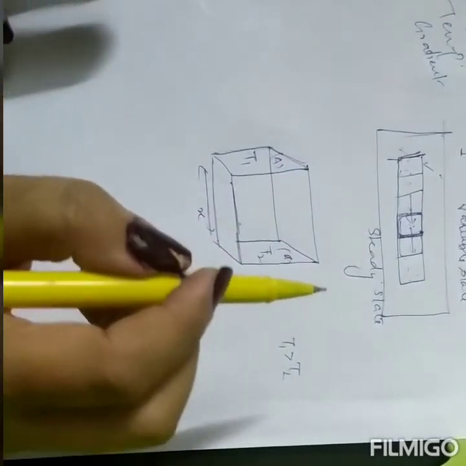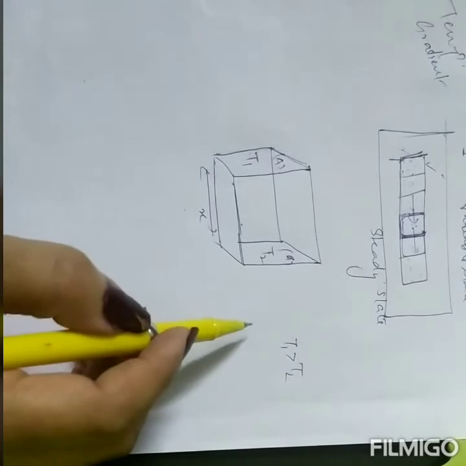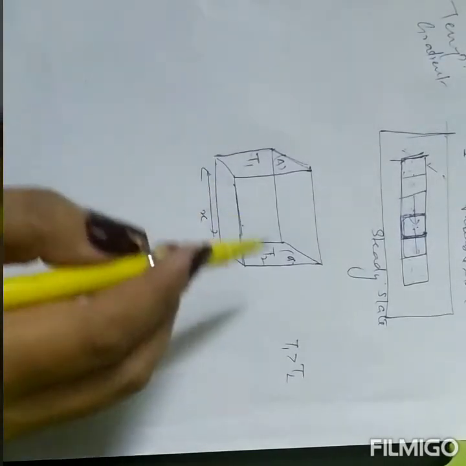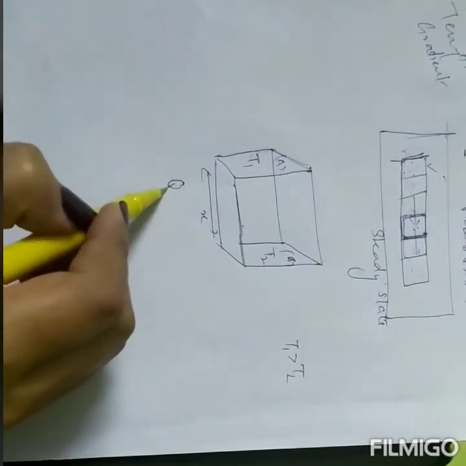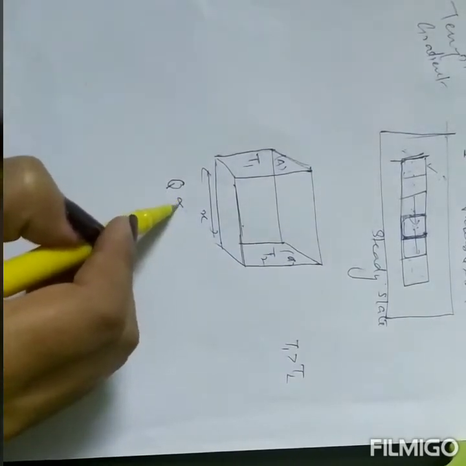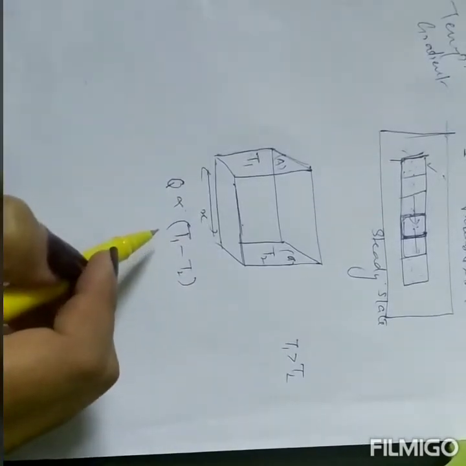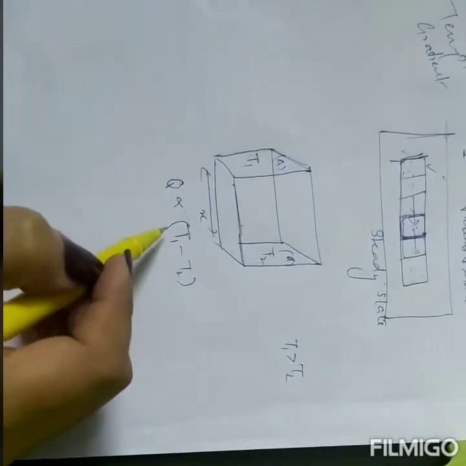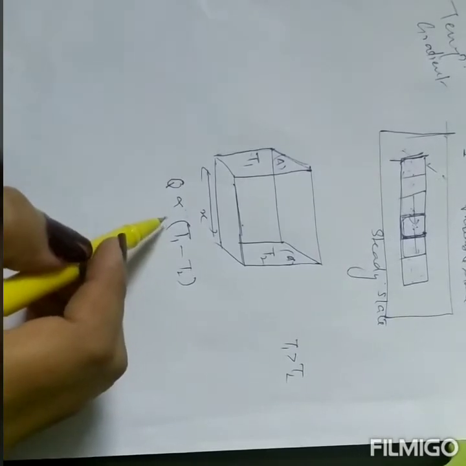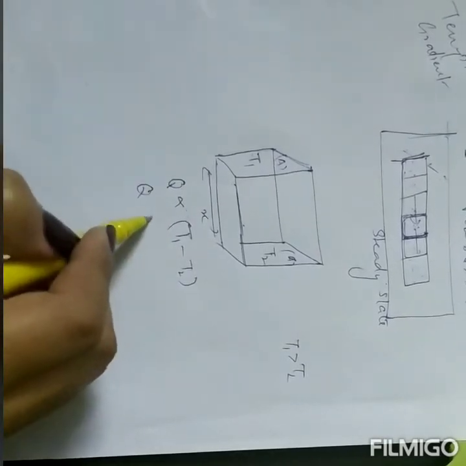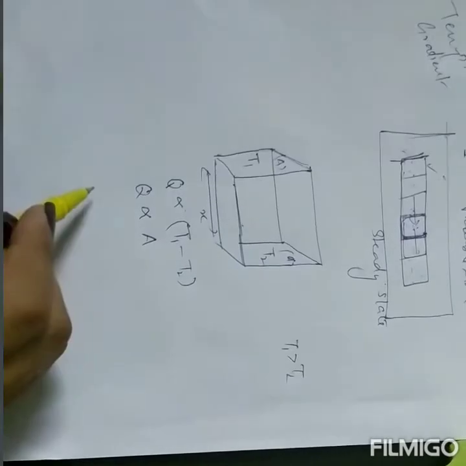In that case, the heat flowing from one face to another is directly proportional to the temperature difference. The higher the temperature difference, the more the heat flow. It is directly proportional to the area of the surface.